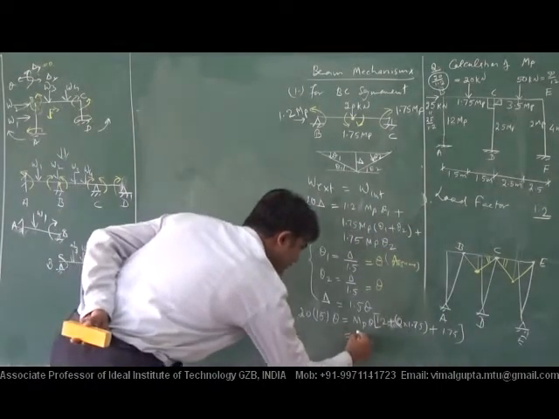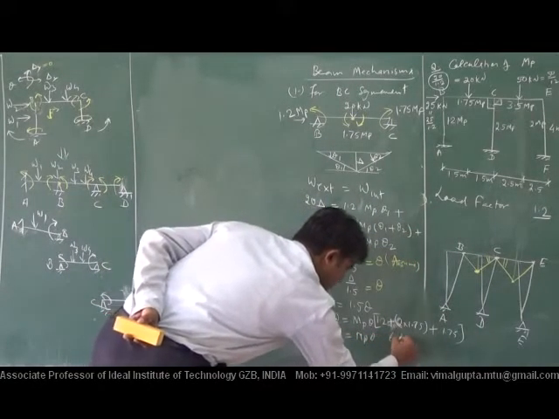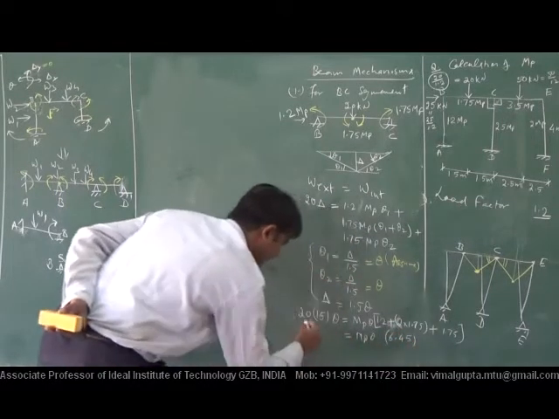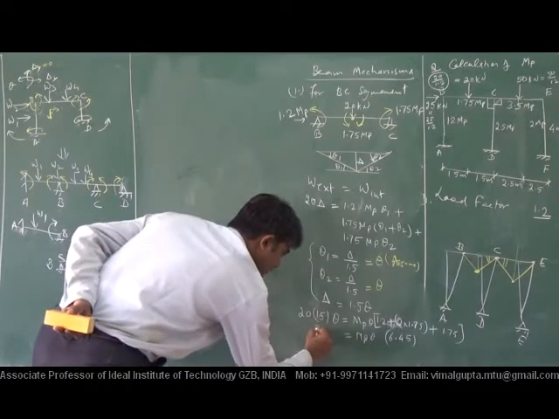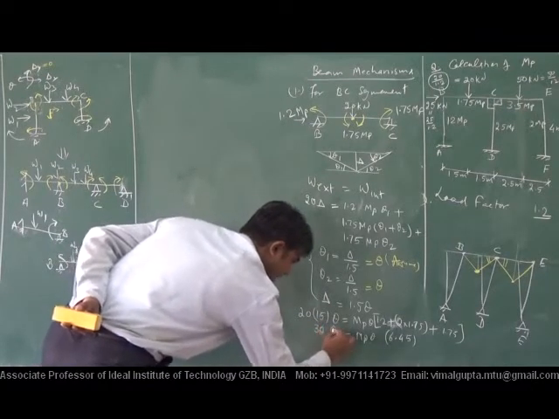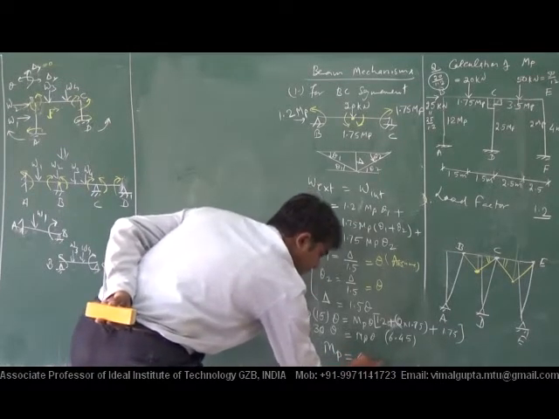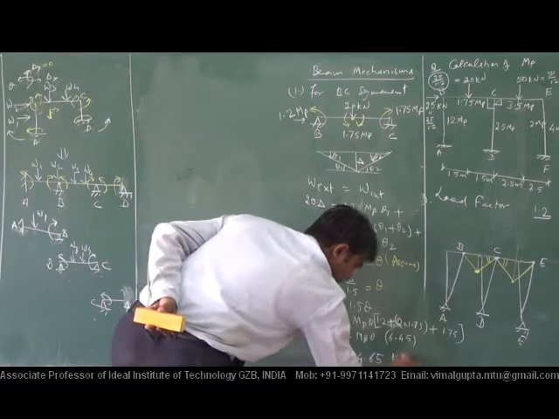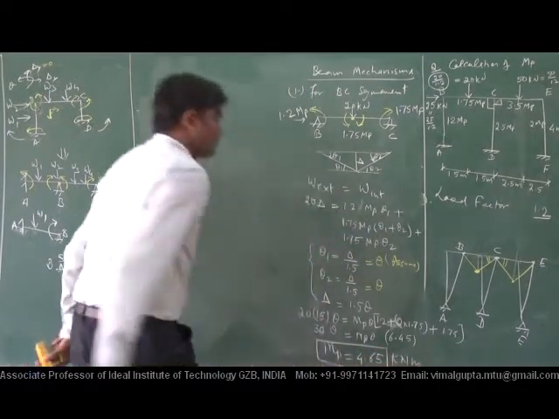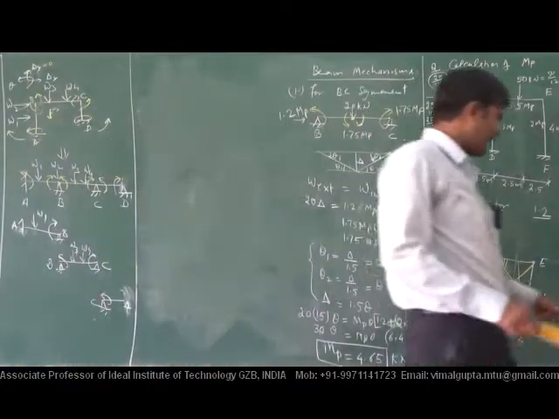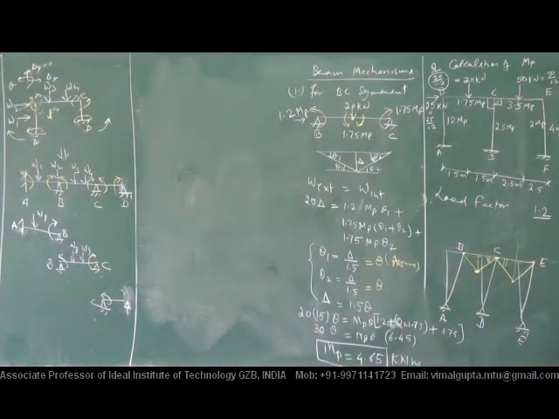So the total value is MP into theta 6.45, and here it is 30 theta. So the value of MP, how much? 4.65. Is it correct or wrong? Yes, 4.651.